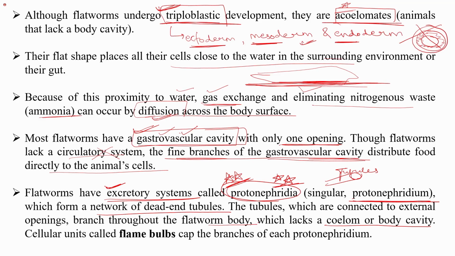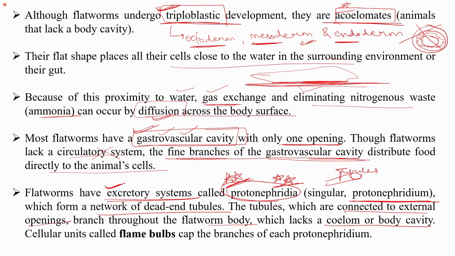Since they are acoelomates, they do not have any coelom or body cavity. Therefore, all the space is occupied by the branches of this protonephridia excretory system, which is connected to the external opening. So the protonephridia is basically the excretory system of the platyhelminthes.